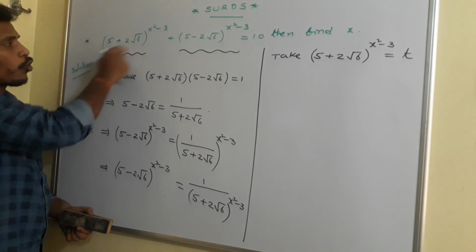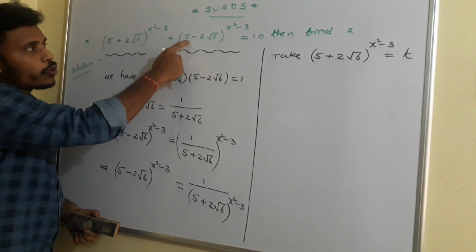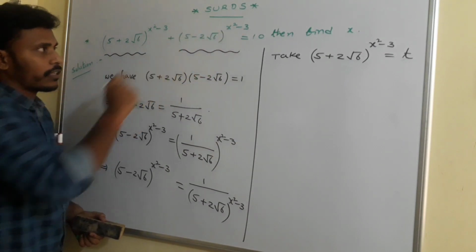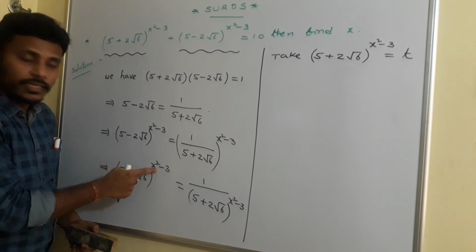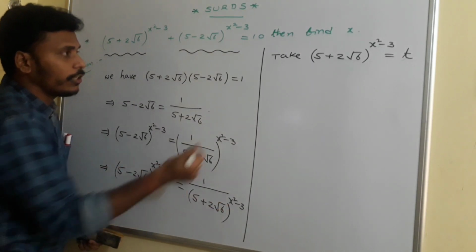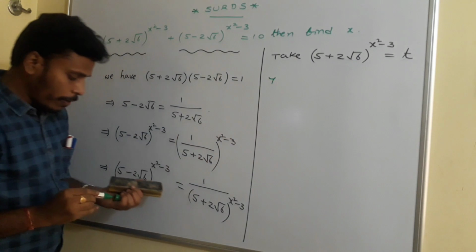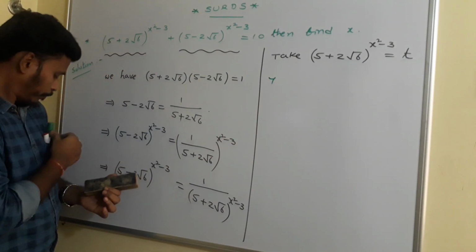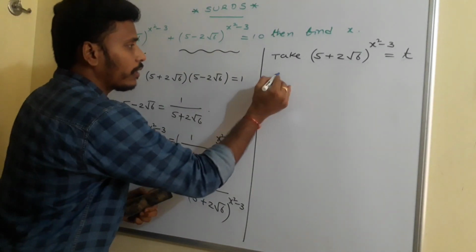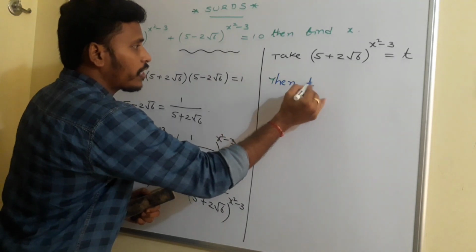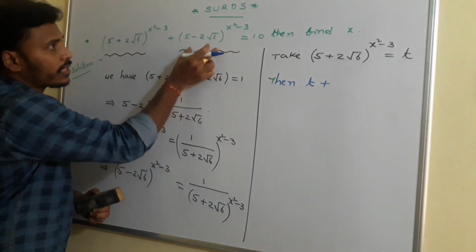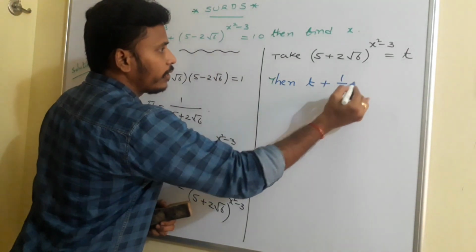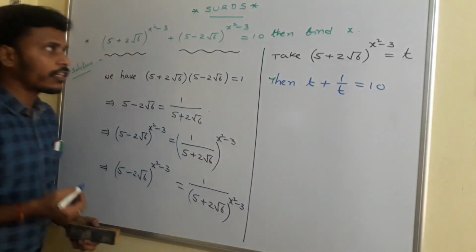This is t, the total value is t. Now what do you say about this (5 − 2√6)^(x² − 3)? Since (5 − 2√6)^(x² − 3) is this one, the denominator is t. Then the given problem will become like this: the first term is t as per my supposition, plus the second term is just 1/t, equals 10. Is it clear?